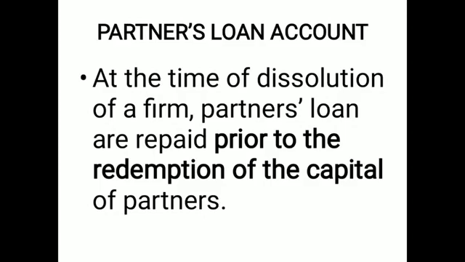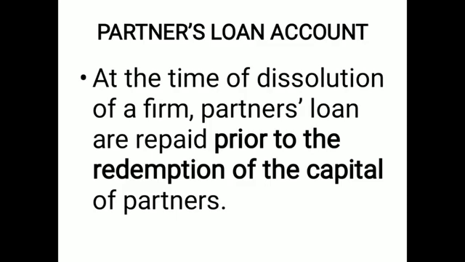It says, at the time of dissolution of a firm, partners' loan are repaid prior to the redemption of the capital of partners. If you remember, we have understood this point in the previous lecture itself. The payment procedure consisting of 5 to 6 points, if I am not wrong. The very first point said the payment of dissolution expense.